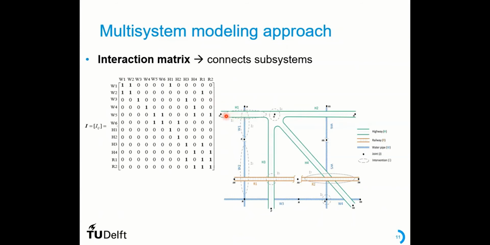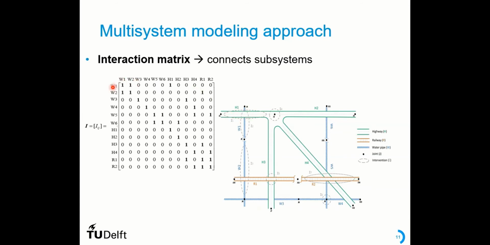For example, if you look at these two subsystems, H1, the road, and W1, the water pipe, if you want to execute an intervention on W1, you also need to excavate H1, right? In order to have access to the water pipe that's underneath. In this case, we say that W1 affects H1.